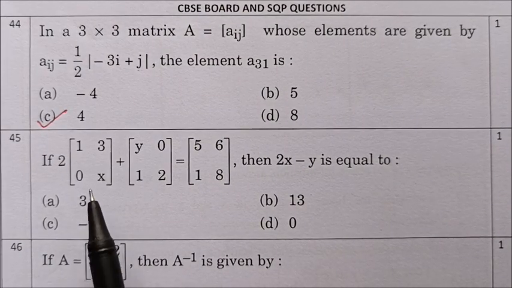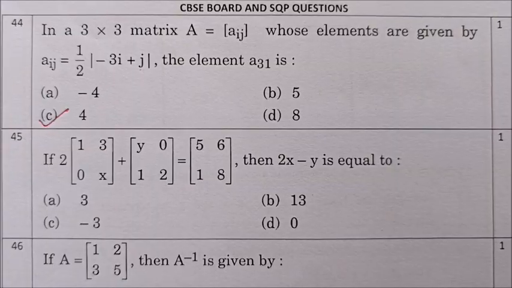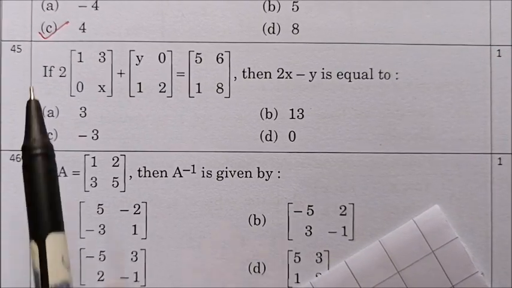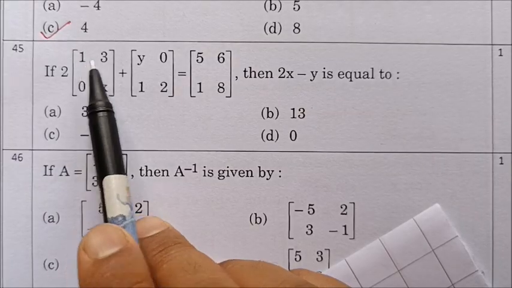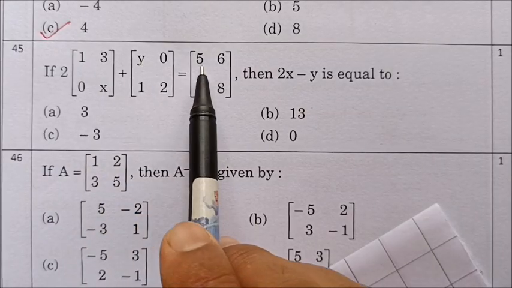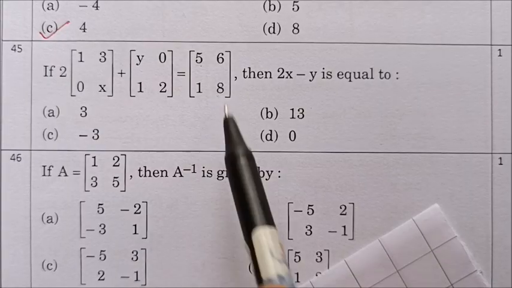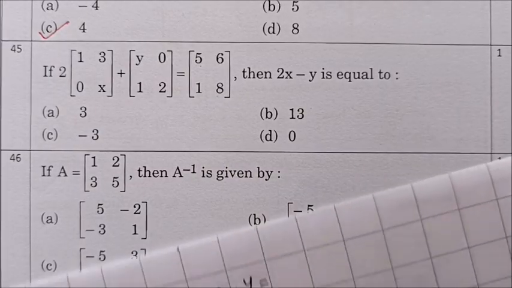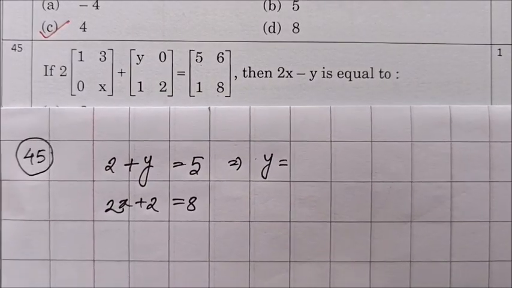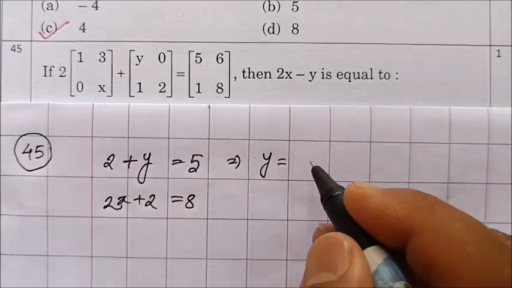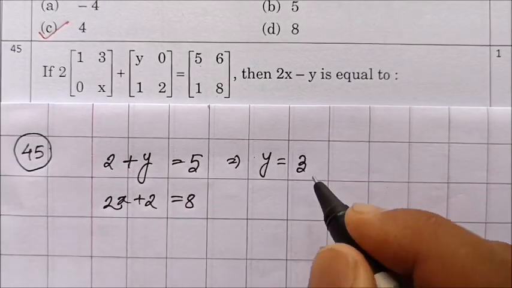Question number 45. This equation is given to us. Alright. So we can write down 2 plus y equal to 5 and 2x plus 2 equal to 8. From 2 plus y equal to 5, y will be equal to 5 minus 2, 3.